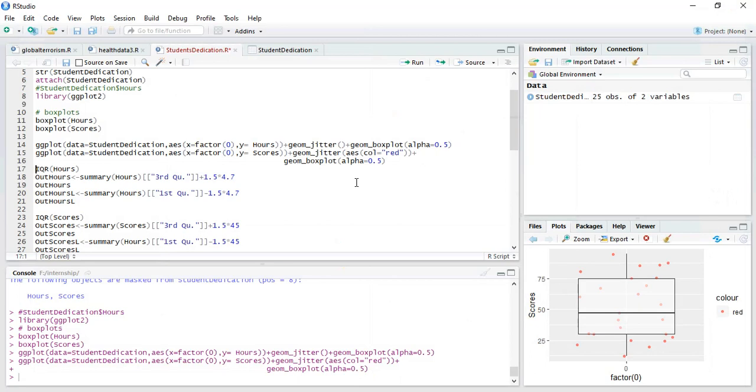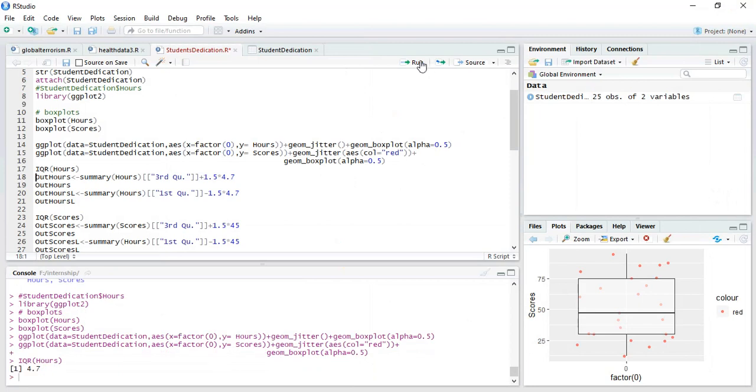Now how do we find the ranges? We calculate the interquartile range, and we see the interquartile range is 4.7. To find the outliers for hours, the upper limit is the third quartile plus 1.5 times the IQR, which is 4.7. We see if there are any outliers.